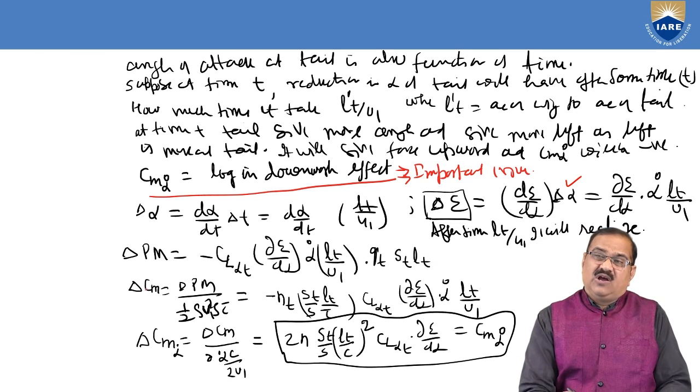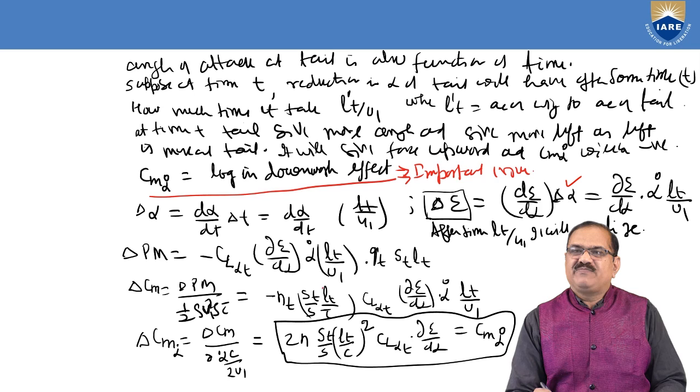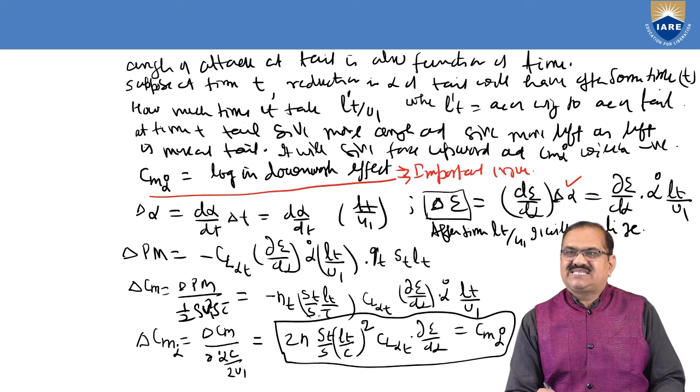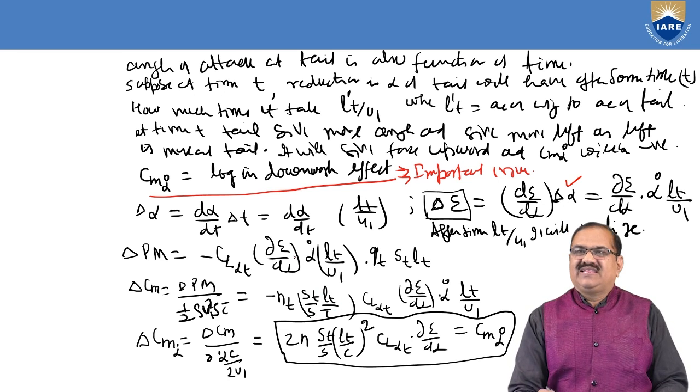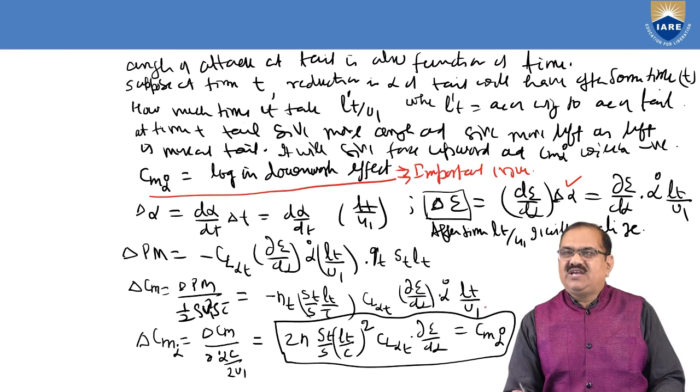So coefficient of moment, delta Pm by half rho V square SC. So here this will be minus neta ST LT by S C bar, then CL alpha t dou epsilon by dou alpha dot LT by U1.